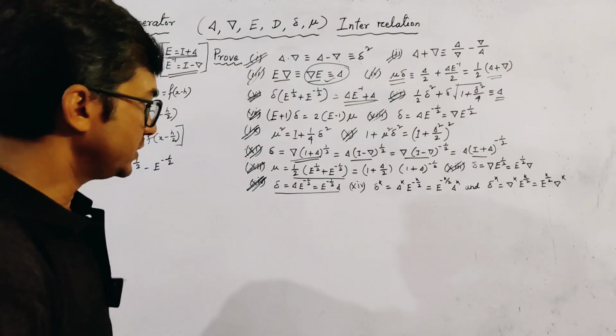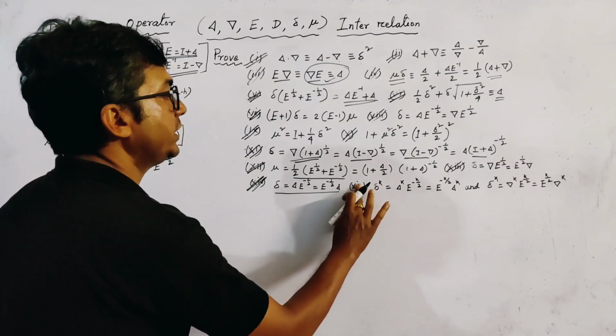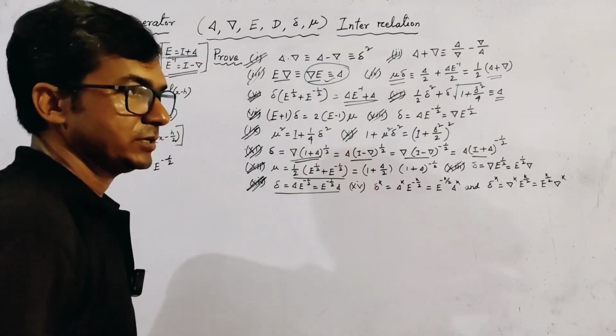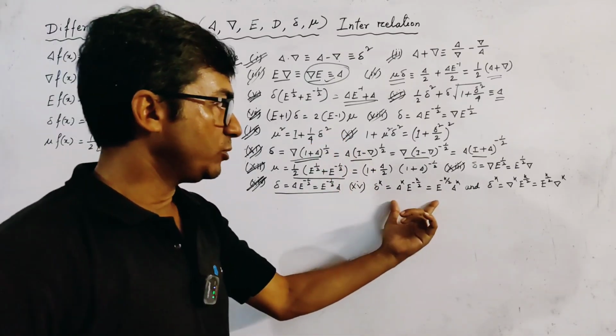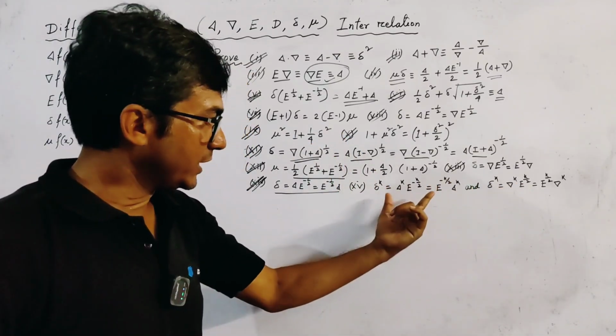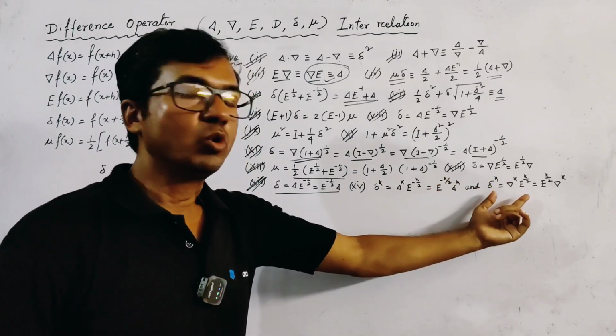In relation number, this is not relation number 14, this is relation number 15. There are two similar types of proof. We prove one here, and the other is your home task.